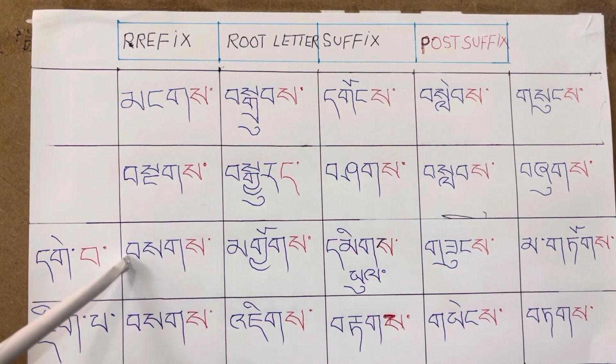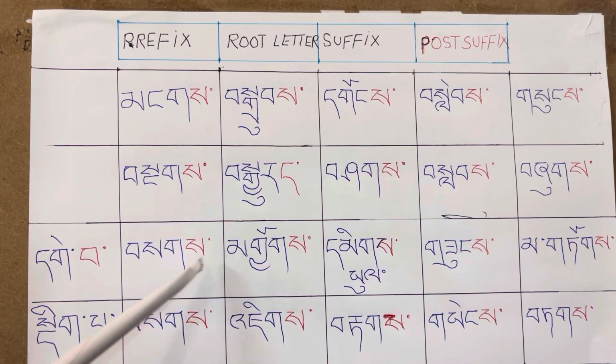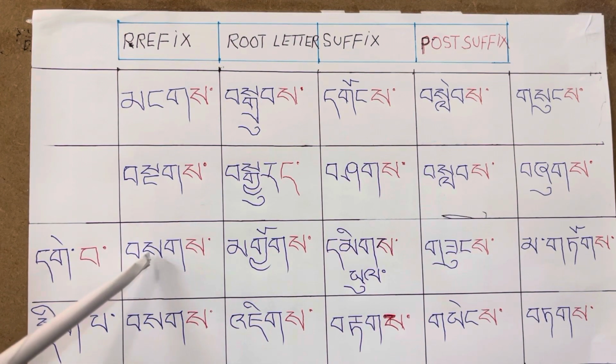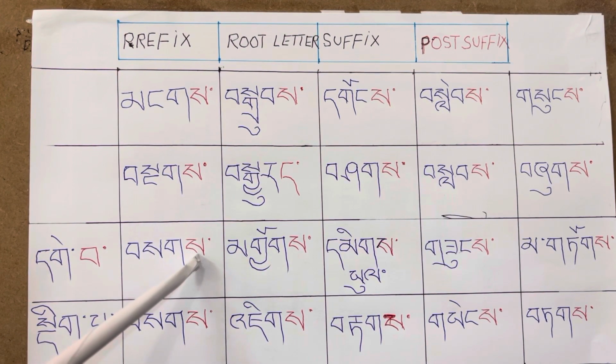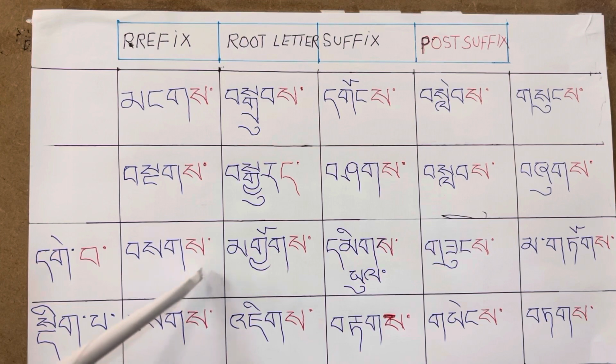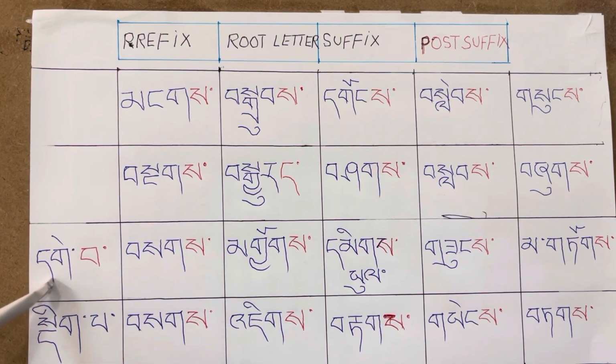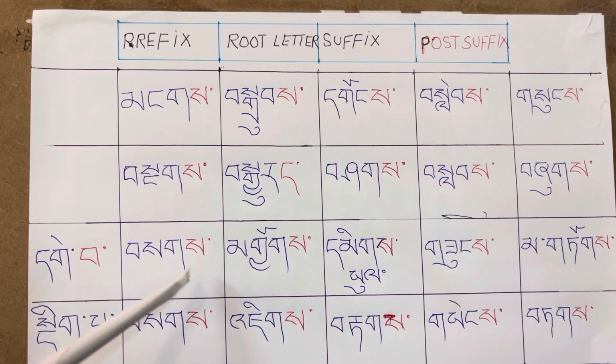So bao, sa, ga, sa, sak. So all together, gewa, sak. Punya kamaunu. Earn merit.